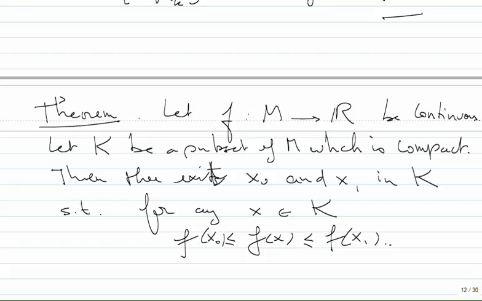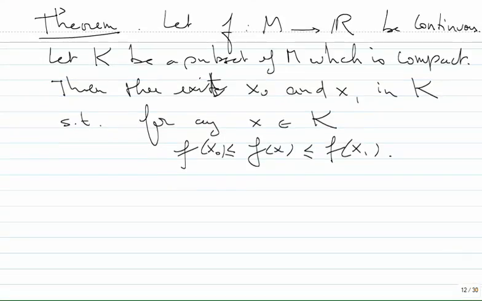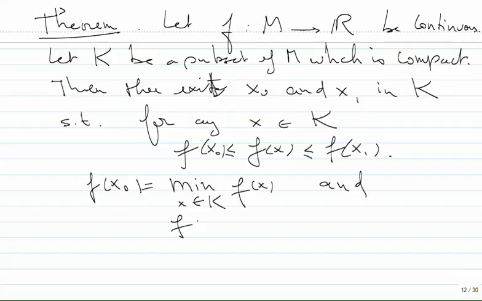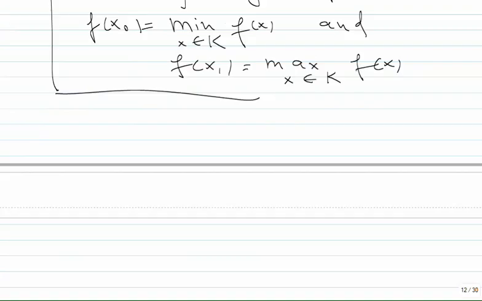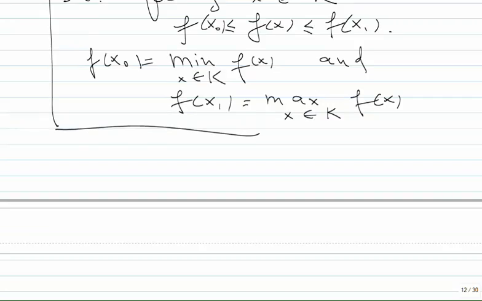In other words, f of x0 is the minimum of f of x when x belongs to K, and f of x1 is the maximum of f of x when x belongs to K. This is very interesting. Let me just go to the proof.